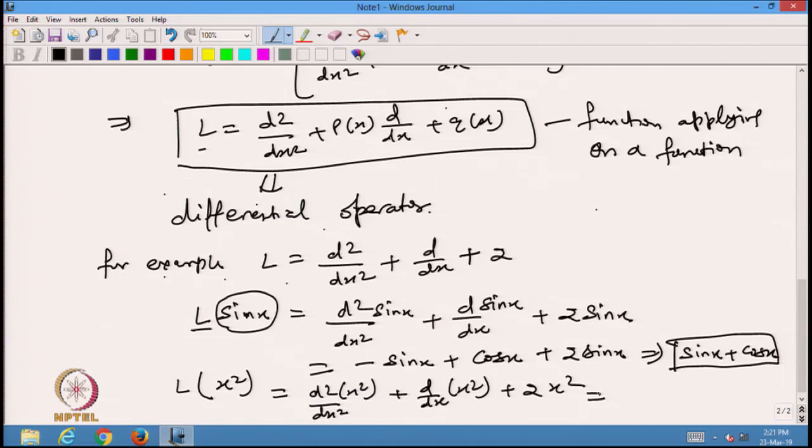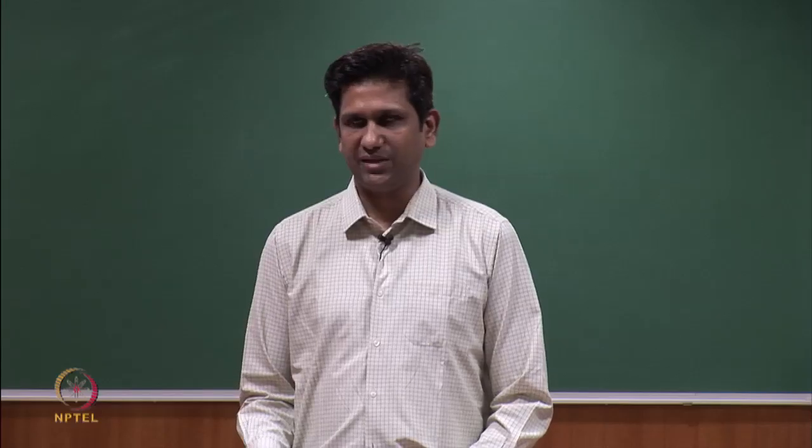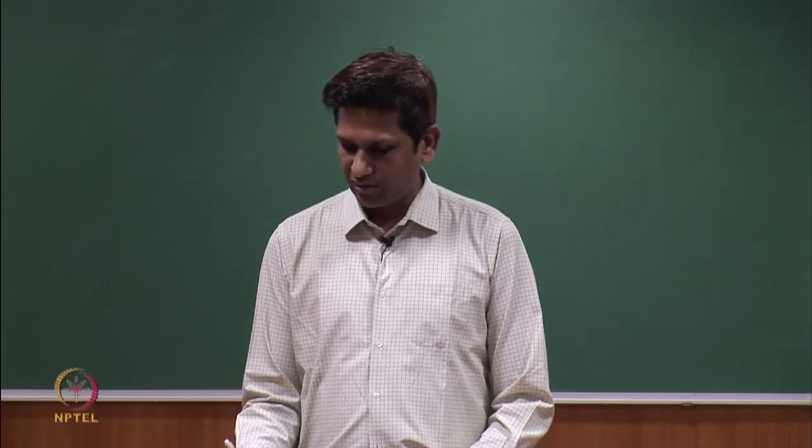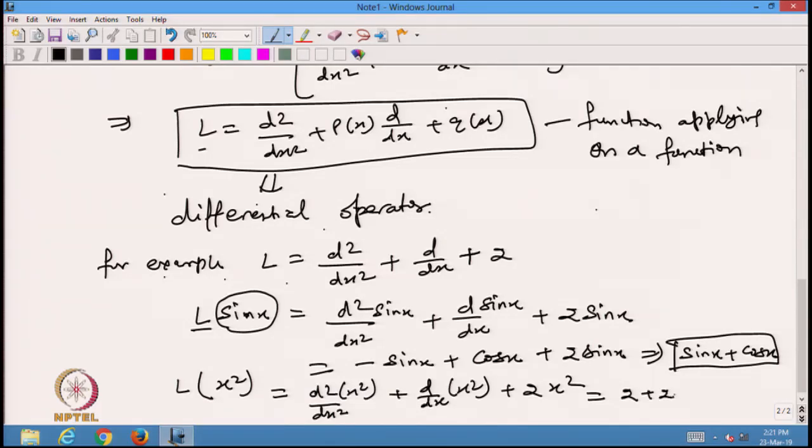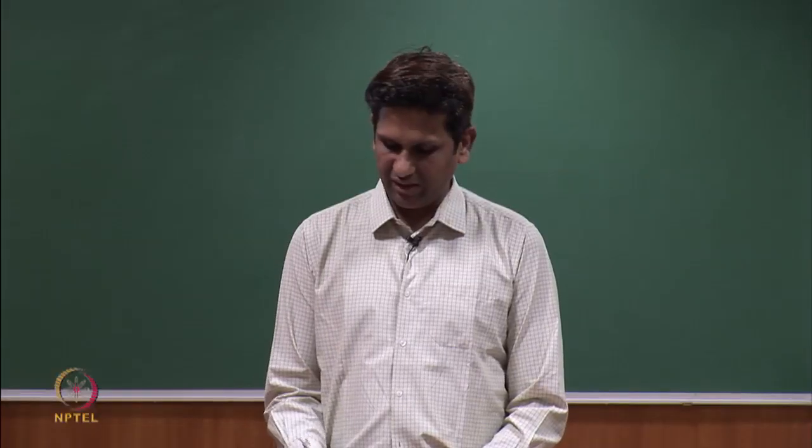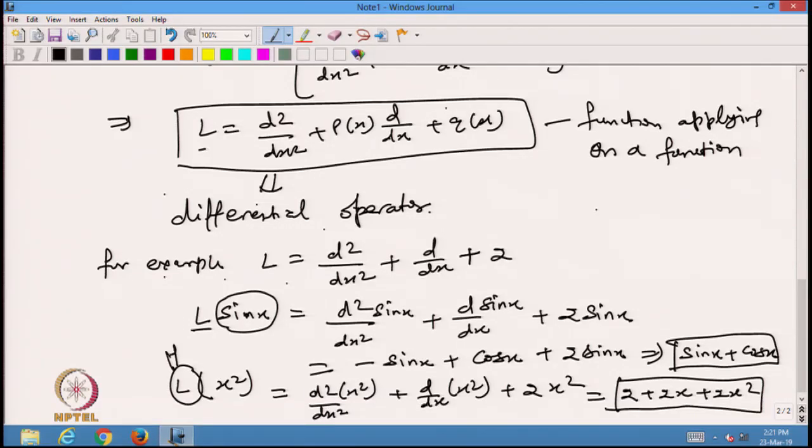After doing the calculation, I take the derivative of x square, so 2x, and take the derivative again, so it will be 2 plus 2x plus 2x square. So that is again a function. In this case, this L that we are defining here is called the differential operator.